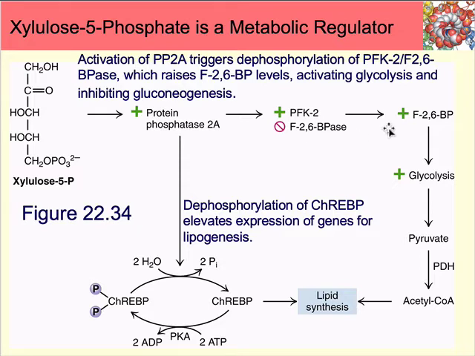And both of these effects increase the levels of fructose 2,6-bisphosphate in the cell. You'll remember that fructose 2,6-bisphosphate stimulates glycolysis, which produces pyruvate, and then in the pyruvate dehydrogenase reaction you produce acetyl-CoA, which can provoke and stimulate lipid synthesis. Lipid synthesis is also stimulated by the dephosphorylated form of the ChREBP. So in the end, the ribulose 5-phosphate that we mentioned as a regulator carries out both of these processes by activation of the protein phosphatase 2A.